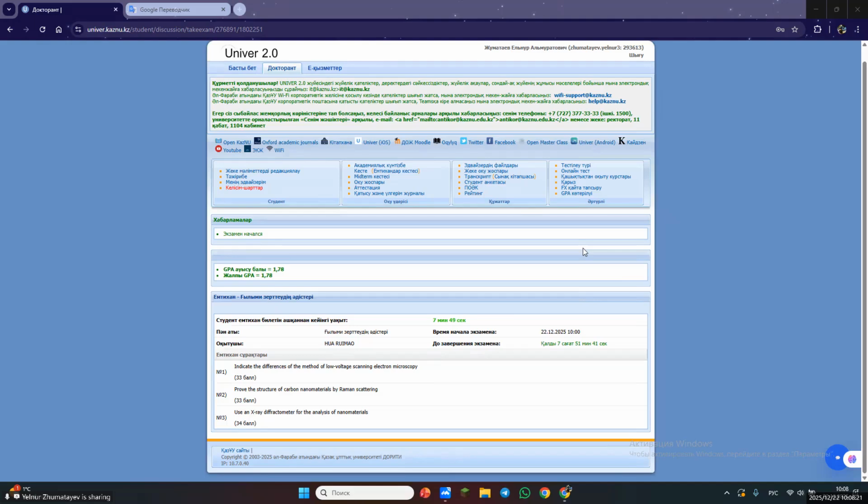Next is lower beam damage. The reduced electron energy minimizes radiation damage, which is critical for beam-sensitive materials such as biological samples and some nanomaterials and polymers.